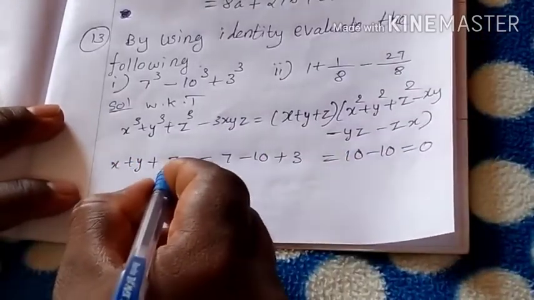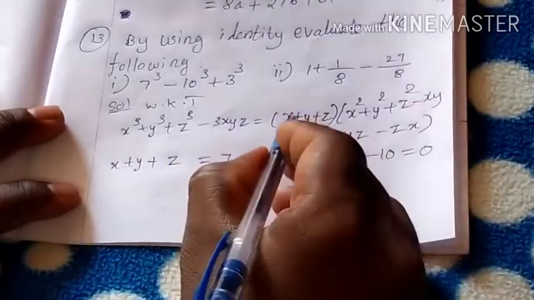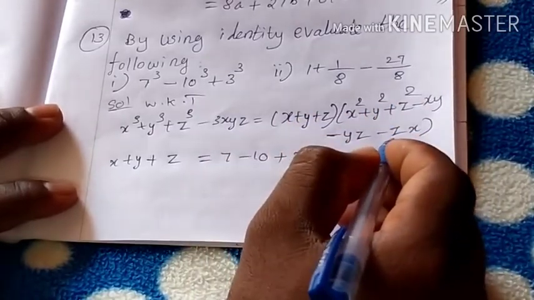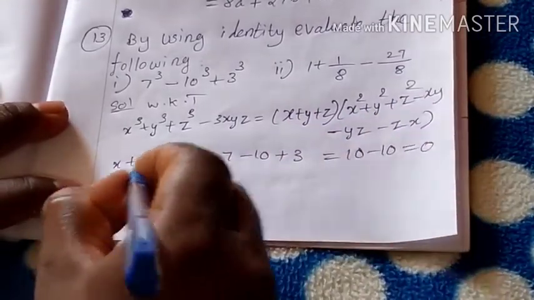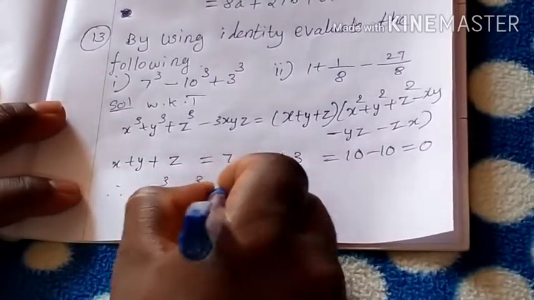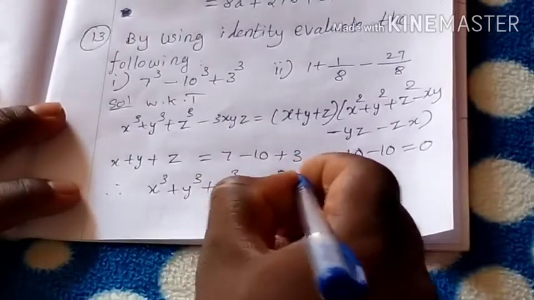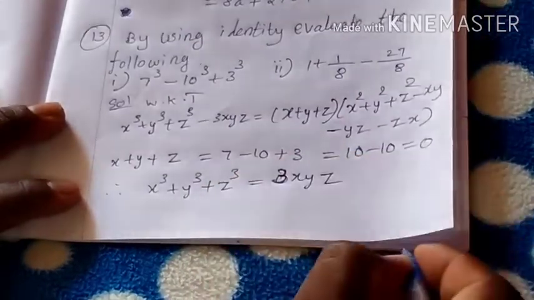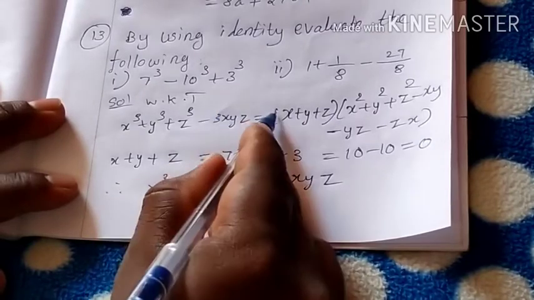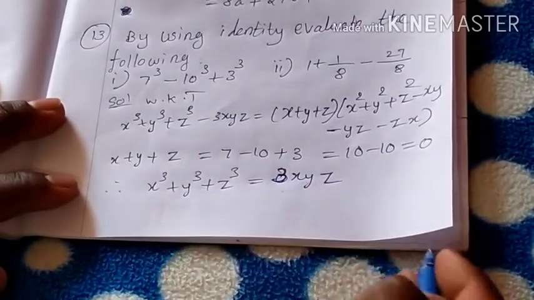So x plus y plus z is equal to 0, so this value is 0. 0 into the RHS side is fully 0. Therefore, x cube plus y cube plus z cube minus 3xyz equal to 0, and by transposition we get x cube plus y cube plus z cube equal to 3xyz.